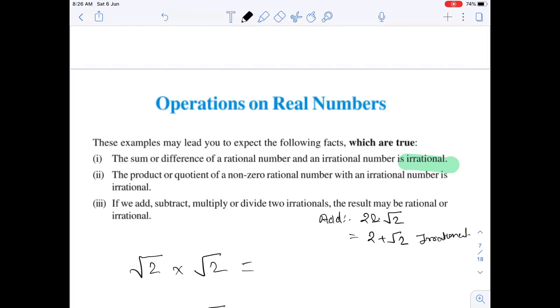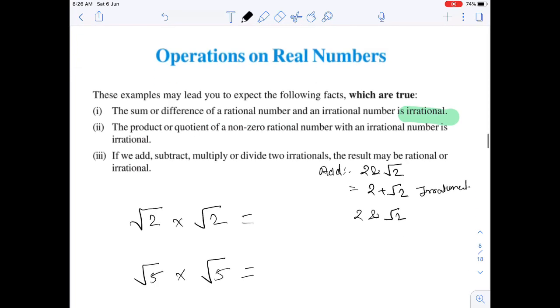Similarly, when you subtract a rational number and an irrational number, the answer is always an irrational number. Next we have to see what happens when we multiply a rational number with an irrational number. Let us consider the same example, 2 and root 2.